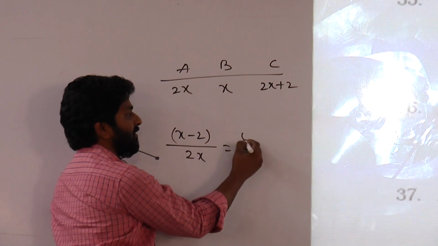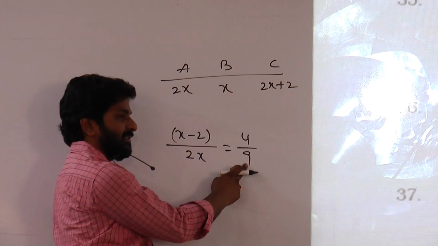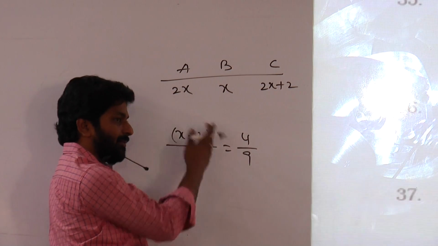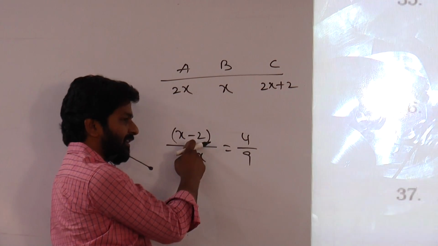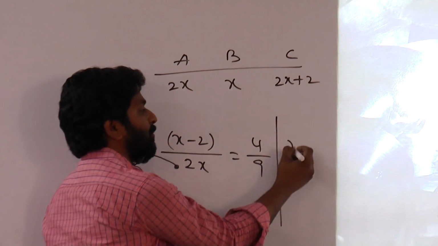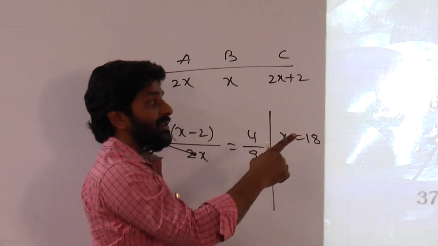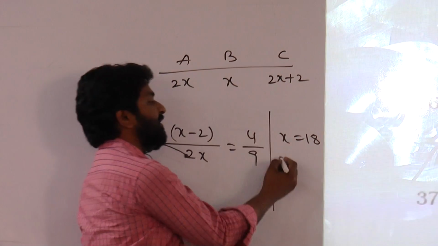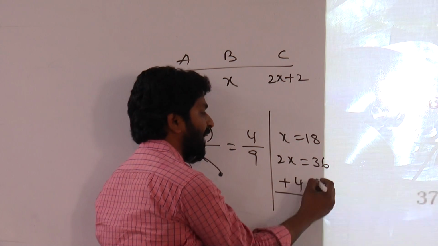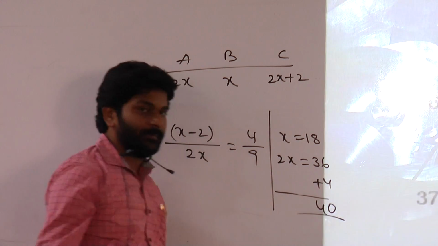Ratio is given as 4:9. 9X minus 18 equals 8X. 8X comes to left hand side, that becomes X. You have minus 18 here, that goes to right hand side, becomes plus 18. So X is equal to 18. You are asked about Ami's age after 4 years. Present age of Ami is 36. After 4 years, in the sense you need to add 4 here. So that will be 40 years.